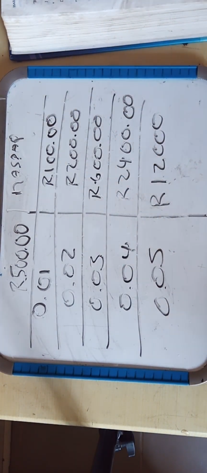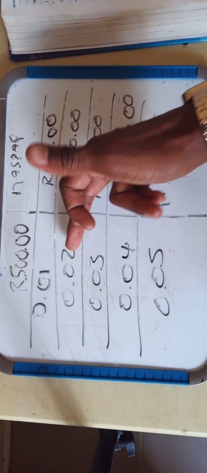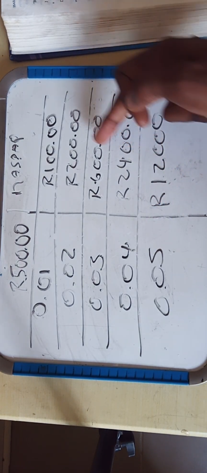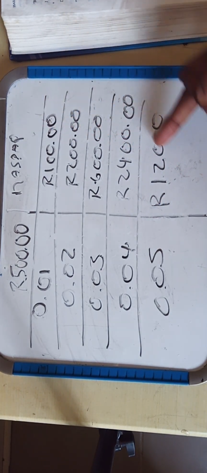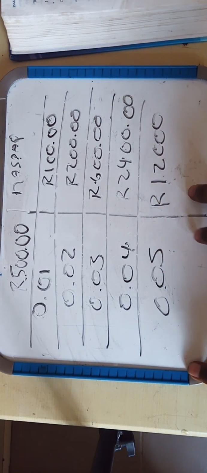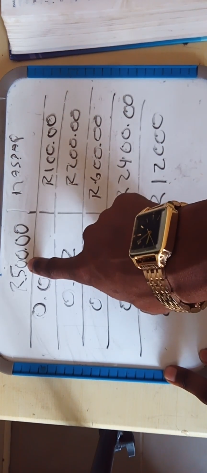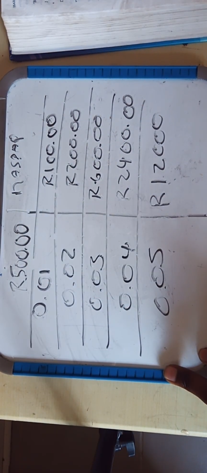Now, here's the thing, right? As you can see now, the more you increase your lot size, your profits are increasing on a daily basis. That is why you will ask yourself, is it possible for you to make 12,000 rand using a 500 rand account? Yes, it's possible this way, right?